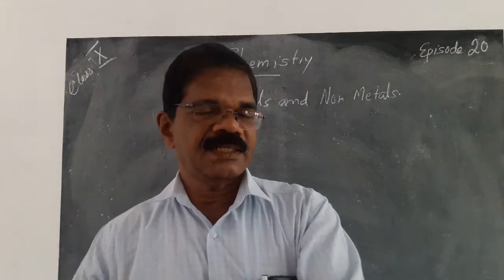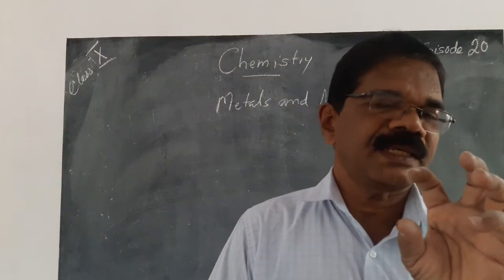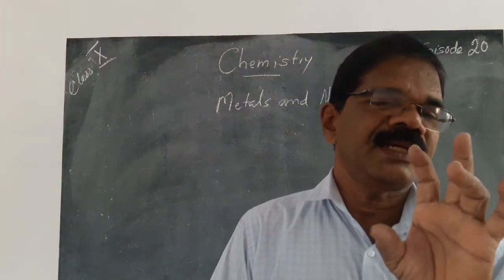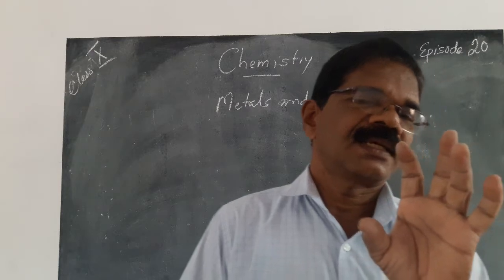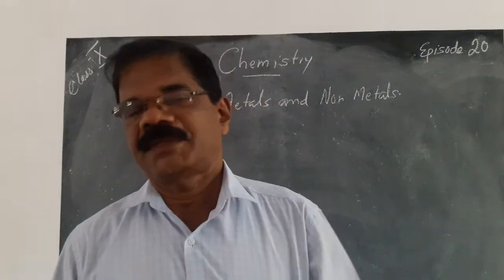From left to right along a period, the metallic property gradually decreases and the right end becomes a complete non-metal.